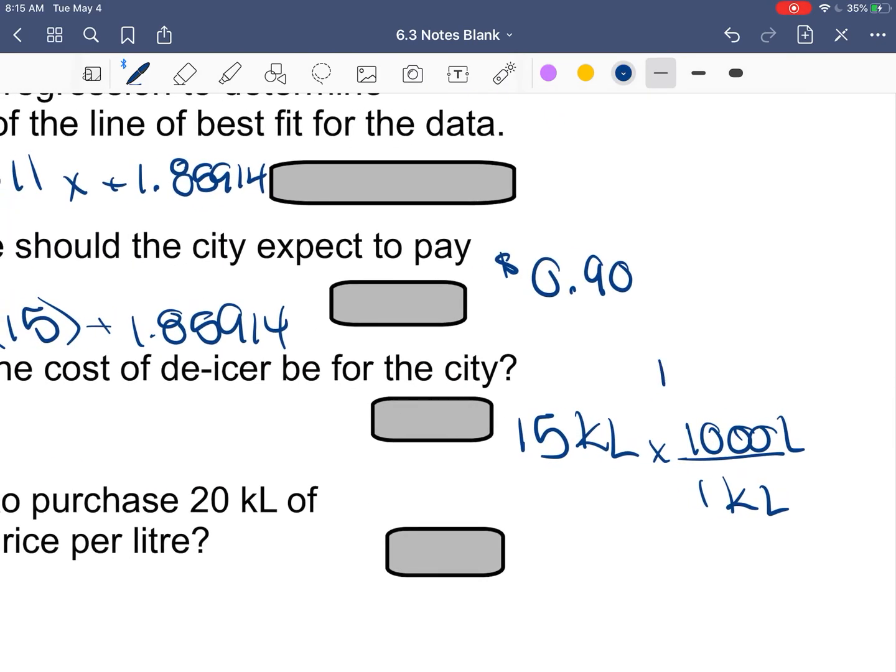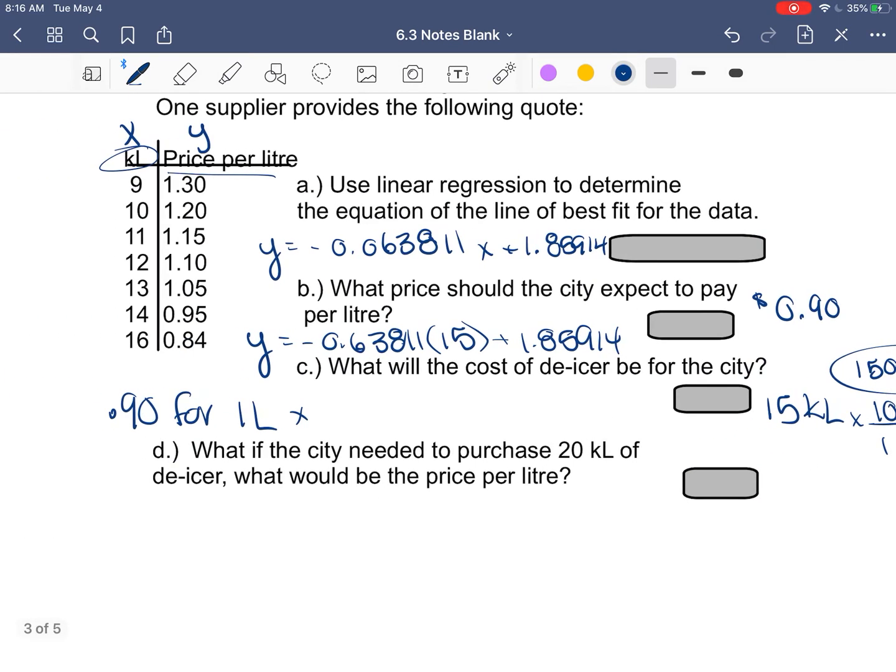So we would have 15,000 liters, which is how many liters they would need. So 0.90 times 15,000 equals $13,500.